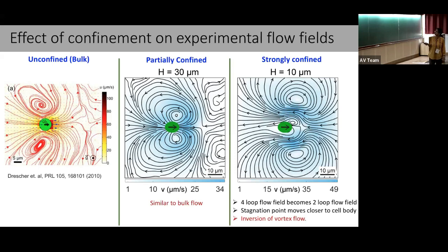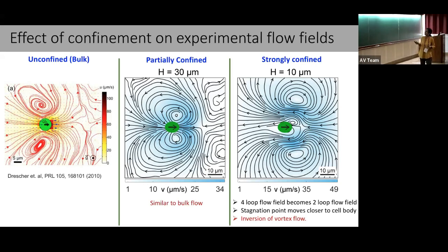In the strongly confined regime, you only get a 2-loop flow field. The stagnation point is now even closer to the cell body. And most importantly, the vortices have changed direction. Here the vortex was anti-clockwise, here it's clockwise. So there is an inversion of the vortices that we are seeing, or there's an apparent inversion.